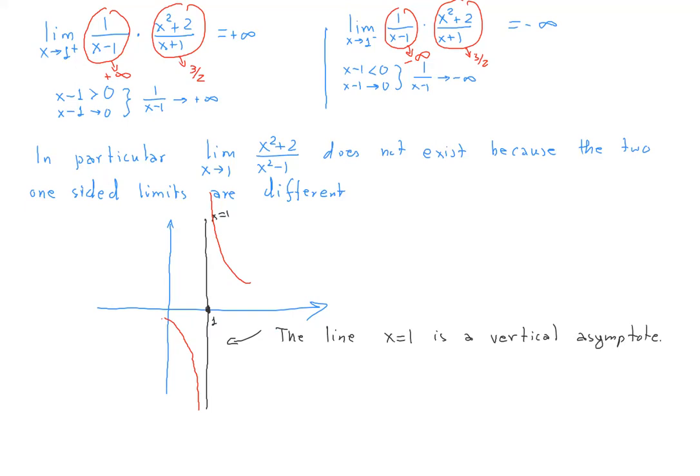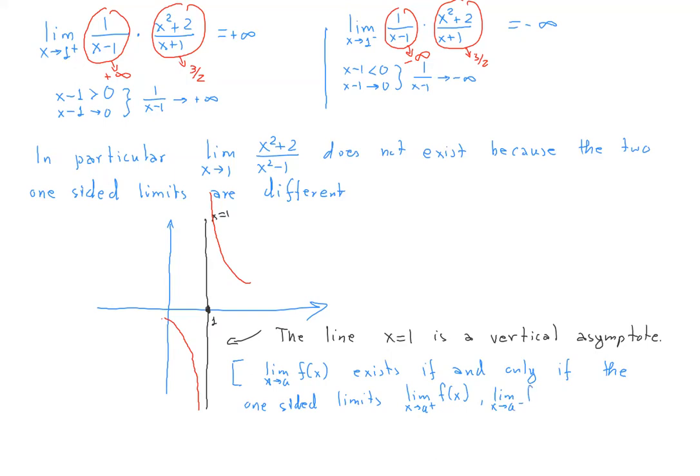So the other principle that emerges from this whole discussion, and we can use it later, is that the limit as x tends to a of f of x exists if and only if the one-sided limits, the limit as x tends to a from the right of f of x and the limit as x tends to a from the left of f of x, exist and are equal to each other.